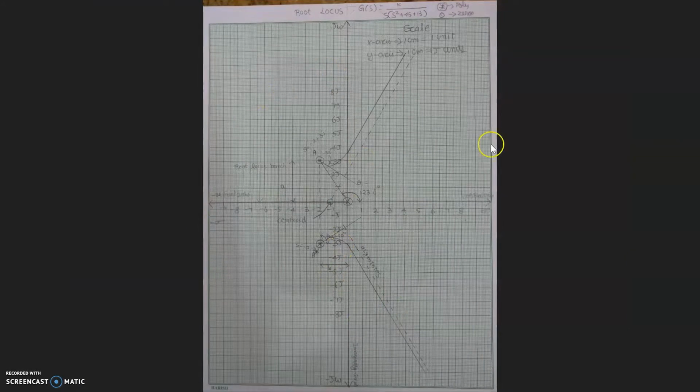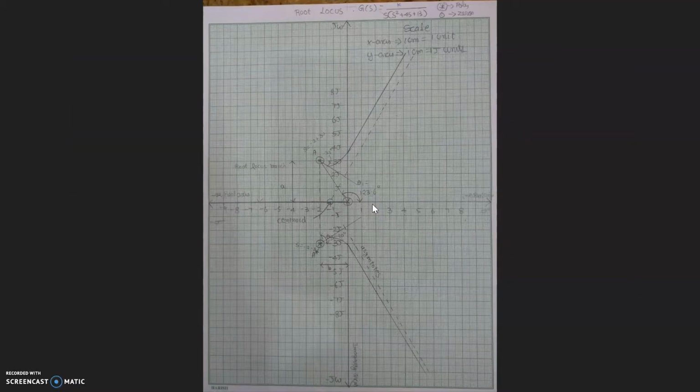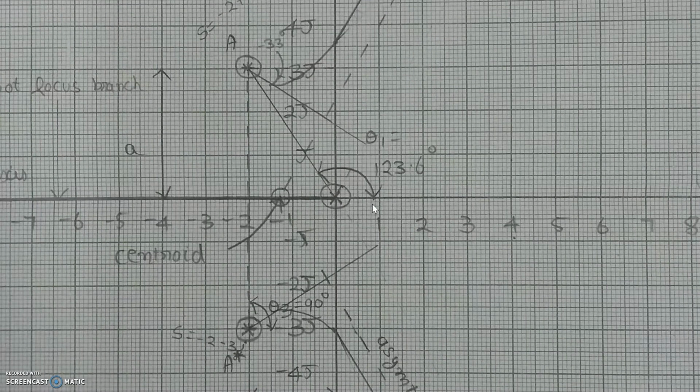So this is the root locus graph that I have completely drawn. This is the margin, this is pole 1, this is pole 2, this is pole 3, and this is the angle of departure for pole 2, and this is the angle of departure for pole 3, and we have calculated the real part values and imaginary part values.